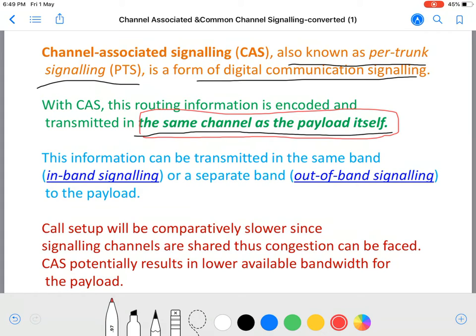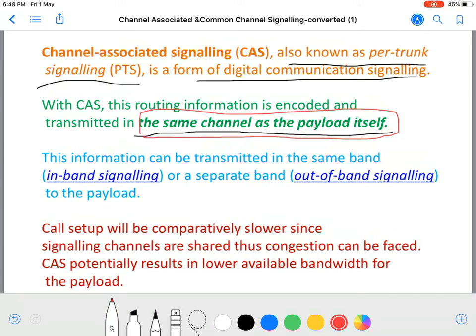So the signaling information and the voice and other data payloads are running along the same line. They are sharing the same channel. This information can be transmitted in the same band. As far as frequency is concerned, they are either in the same band, that is within 3400 Hz or around 4 kilohertz, or in a separate band outside the 4 kilohertz or 3.4 kilohertz band.